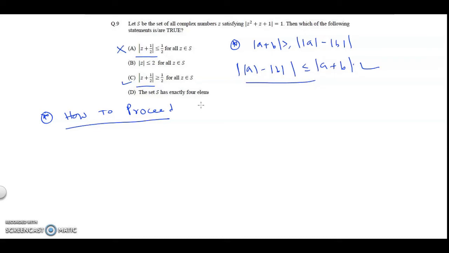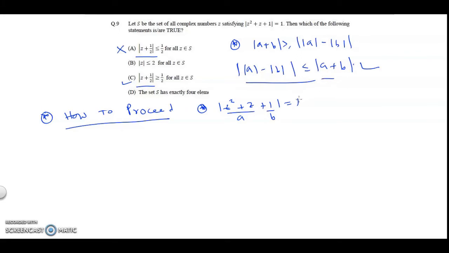So from the given problem, we have modulus of z square plus z plus 1 is equal to 1. From this, we take this part as A and this part as B, and use this concept.